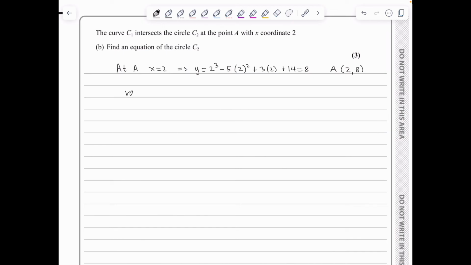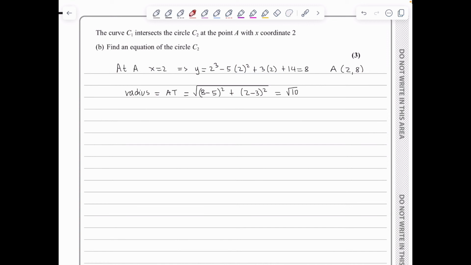The radius is simply the distance between the center of the circle and a point on the circumference, so it's AT in this case. So we're doing y2 minus y1 squared plus x2 minus x1 squared, all square root, to find the distance between A and T, the radius. This turns out to be root 10.